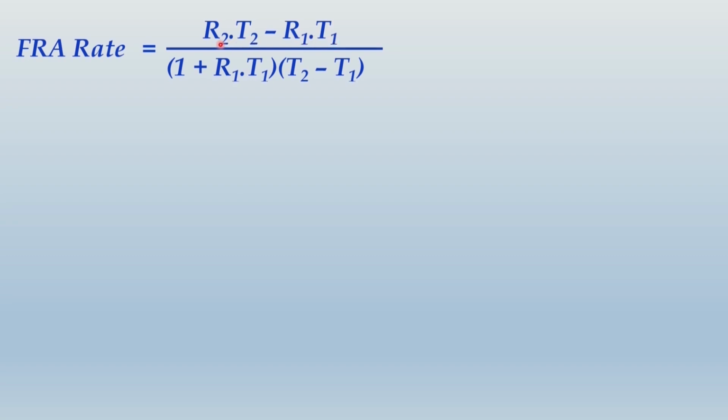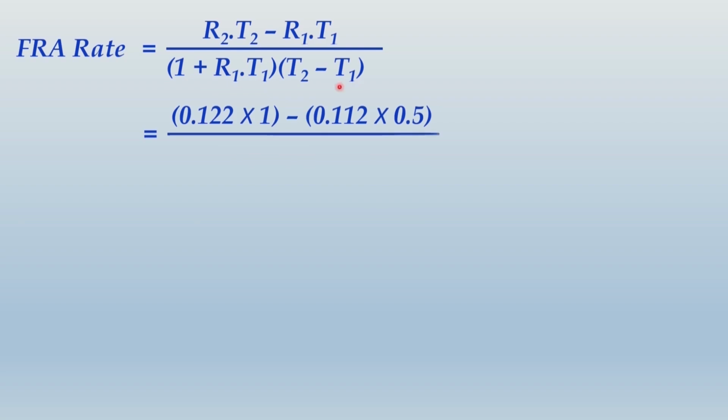So R2 will be 12.2%, T2 will be 1 year, R1 will be 11.2%, T1 will be 0.5 year. In the denominator we again have the same variables, so I don't have to explain again what these variables stand for. So let us substitute the values of these variables.